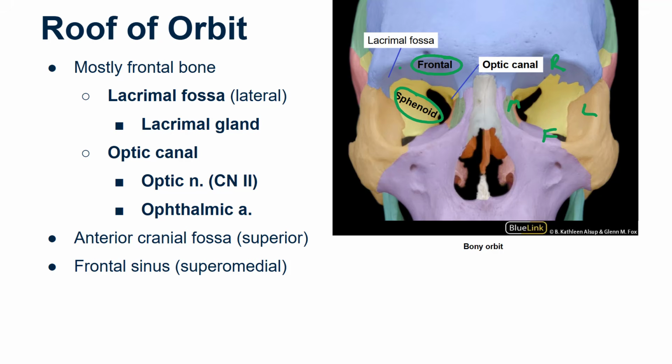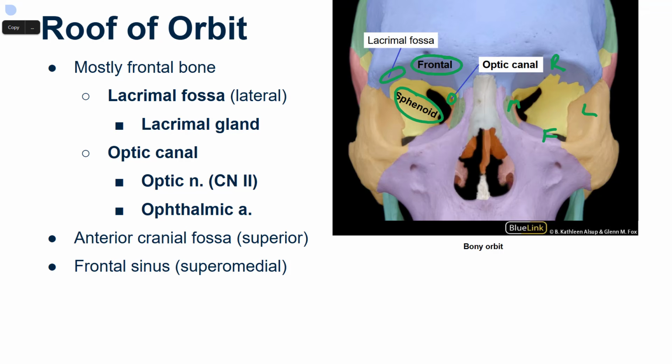Within the frontal bone, there's a shallow indentation in the superolateral aspect of the orbit called the lacrimal fossa, and that's where the lacrimal gland is going to reside. Within the sphenoid, there is a space called the optic canal, through which cranial nerve 2, or the optic nerve, travels and is accompanied by the ophthalmic artery, the major supply of blood to the eye and the orbital space.